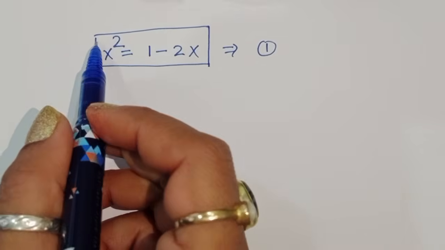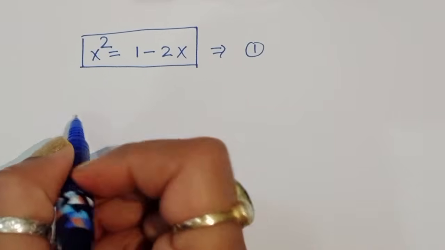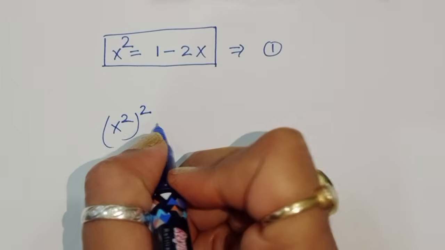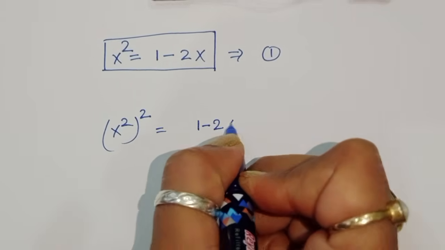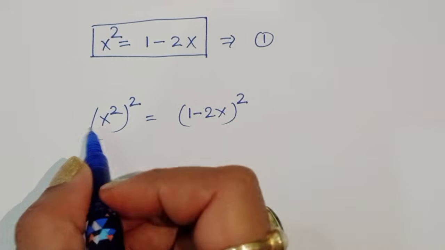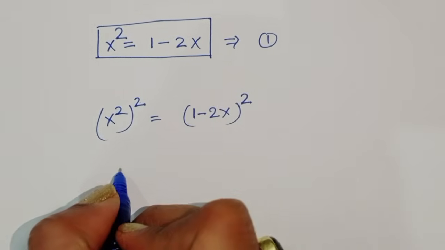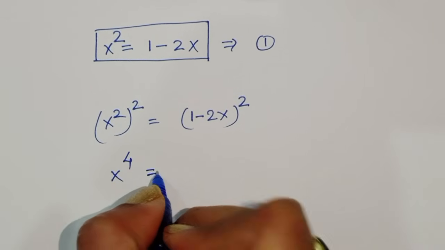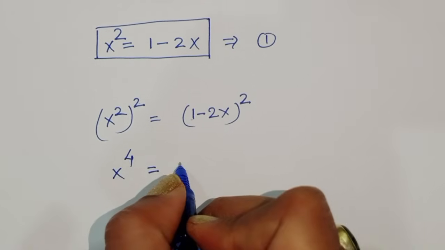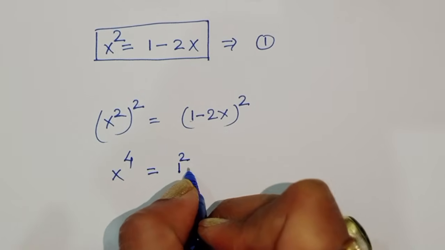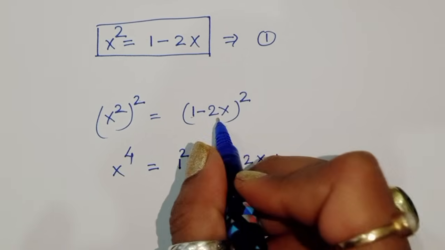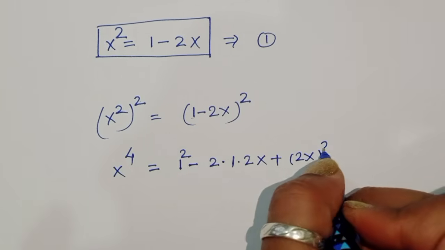So if we take a square on both sides again, we get x square to the whole square is equal to (1 minus 2x) to the whole square. It will become x power 4, since 2 twos are 4. Now again the (a minus b) whole square formula: a square, that is 1 square, minus 2 times 1 times 2x, plus b square, that is (2x) whole square.